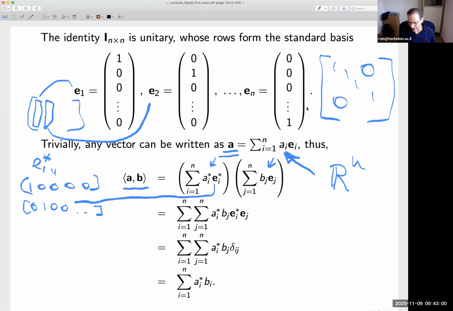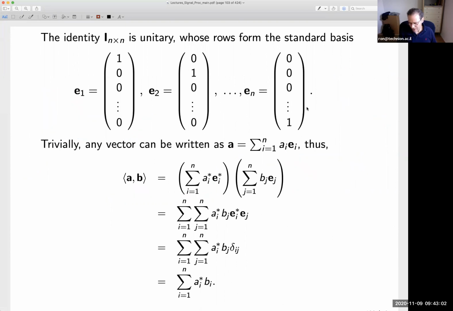Now let's open these two brackets. So what is going on here? I open these two brackets and pull all the summations outside. So I have the sum over i and the sum over j of a_i b_j times E_i transpose E_j. Now let's zoom in on what is going on here. Here I have the inner product of E_i and E_j.